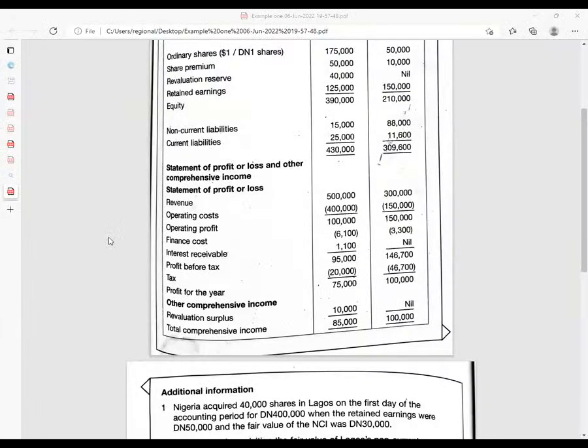So you write their revenue, their operating costs, then operating profit. I'm just following everything there. I have finance cost. After that, I have interest receivable.